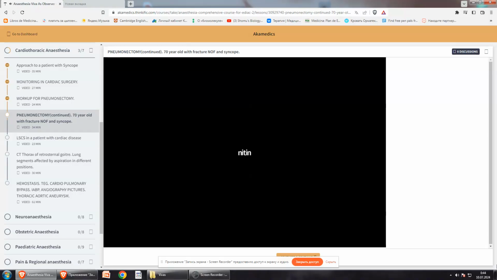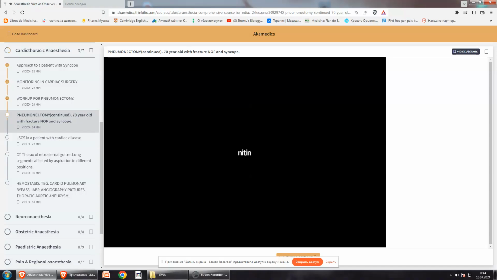And how frequently does she have this syncope? Is this the first time it happened or has it happened before? I will also ask whether she was investigated for this syncope, because maybe some other CNS-related issue is also there. So whether she had any CT scan or anything before this.